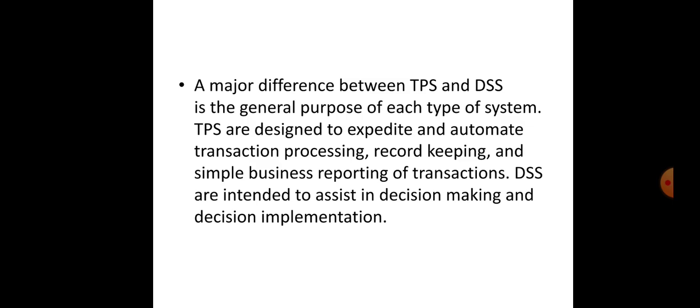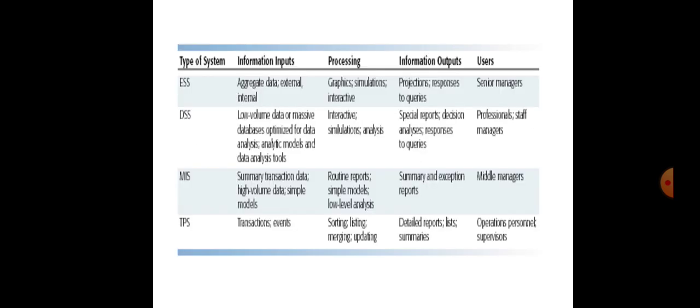A major difference between TPS and DSS is the general purpose of each type of system. TPS are designed to expedite and automate transaction processing, record keeping, and simple business reporting of transactions, whereas DSS are intended to assist in decision making and decision implementation.